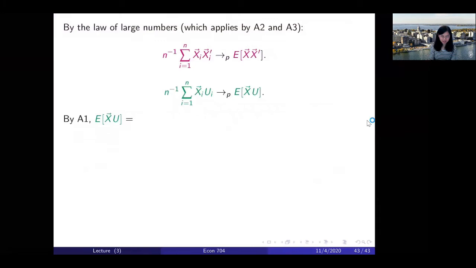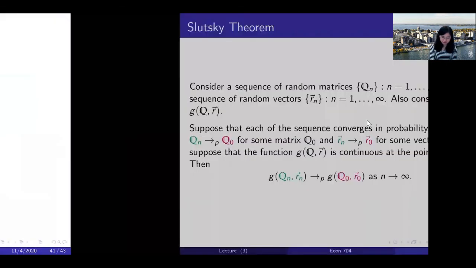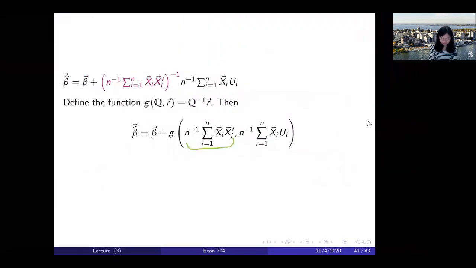But before using that, we notice that this is our Qn, and this is our Rn, and g is a continuous function except at points where Q is not invertible. At any point where Q is invertible, it is a continuous function. So we want to use the Slutsky theorem.